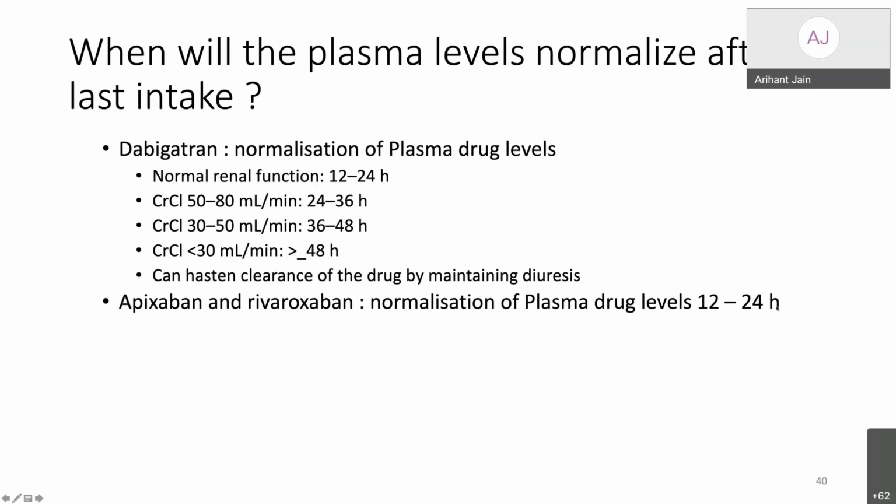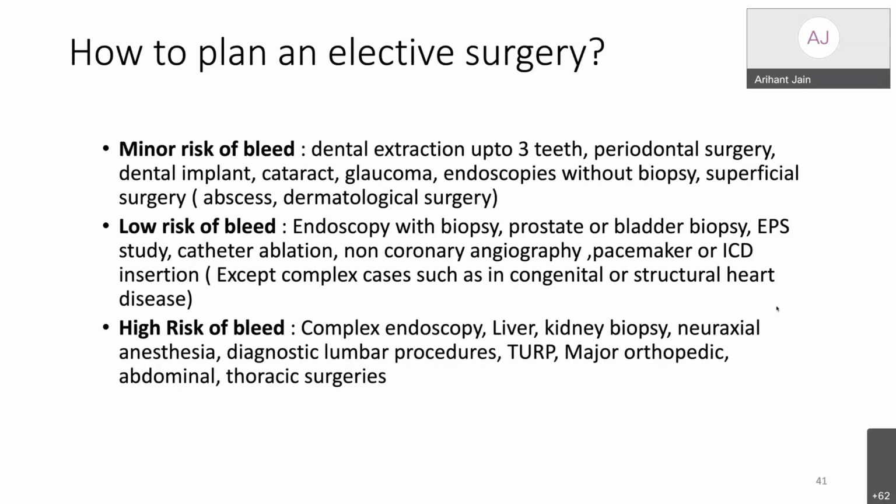This question will come. If a patient who has taken rivaroxaban, say yesterday or the day before yesterday, now comes to you in the emergency with bleeding, whether you need to reverse the rivaroxaban or not, or if the patient needs to go for a surgical procedure, you have to stop the drug this many hours before. That's why these hours need to be remembered.